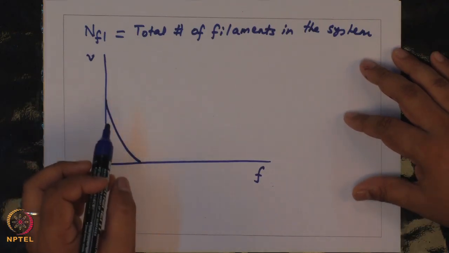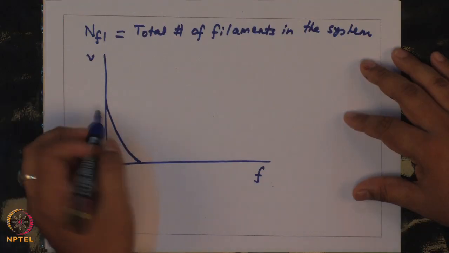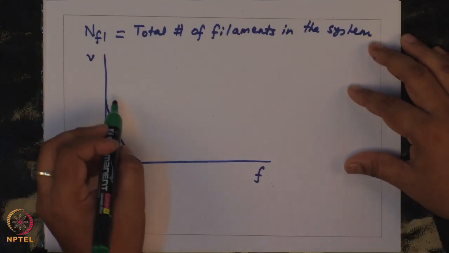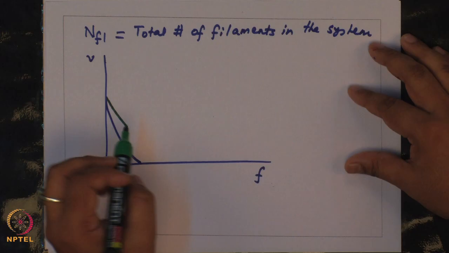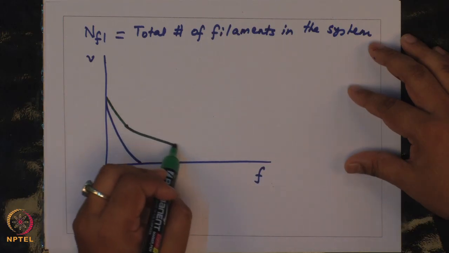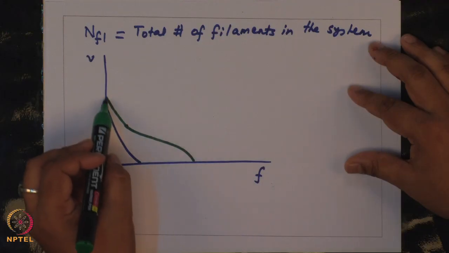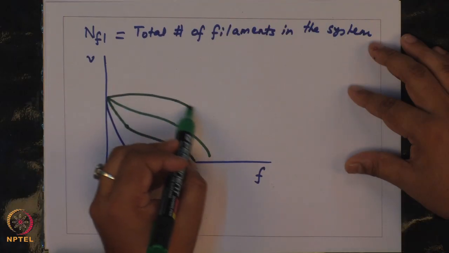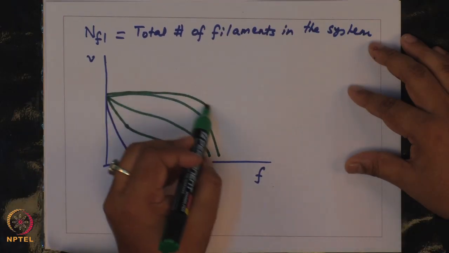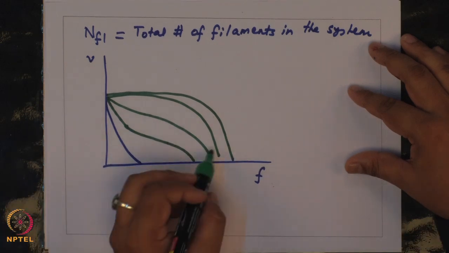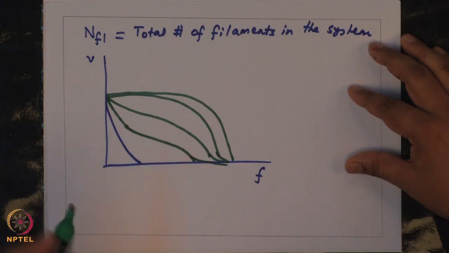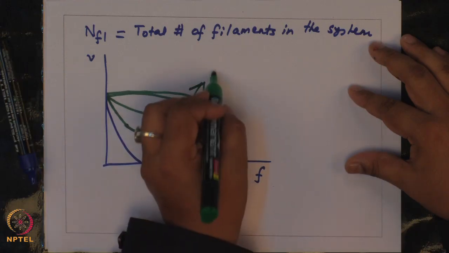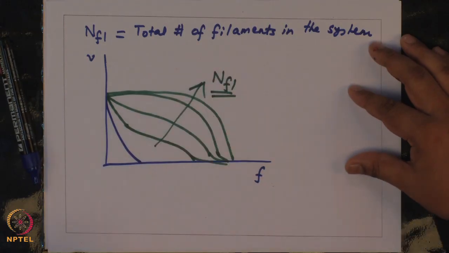What you will see is, as you increase the number of filaments, you will have curves which look like this initially, and eventually, in this direction you are increasing the number of filaments.